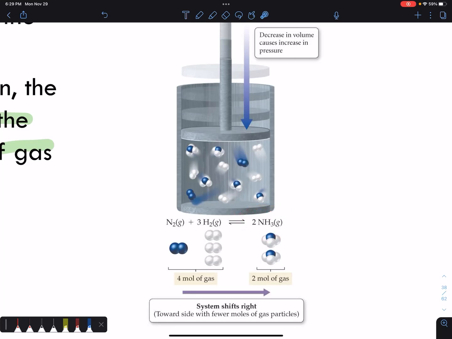So we can essentially condense these 4 moles down into 2 moles, and by taking 4 particles and making only 2 particles, we're reducing the number of particles present and thereby the pressure as well. So a decrease in volume causes an increase in pressure, and to relieve that pressure, the system shifts to the side with the fewer number of gas particles.